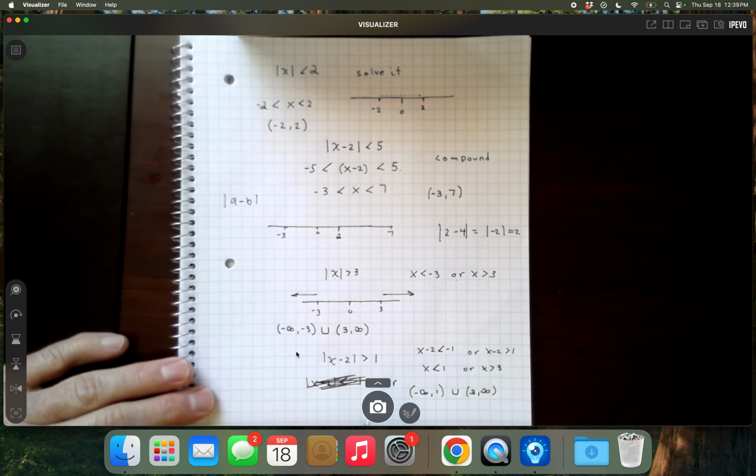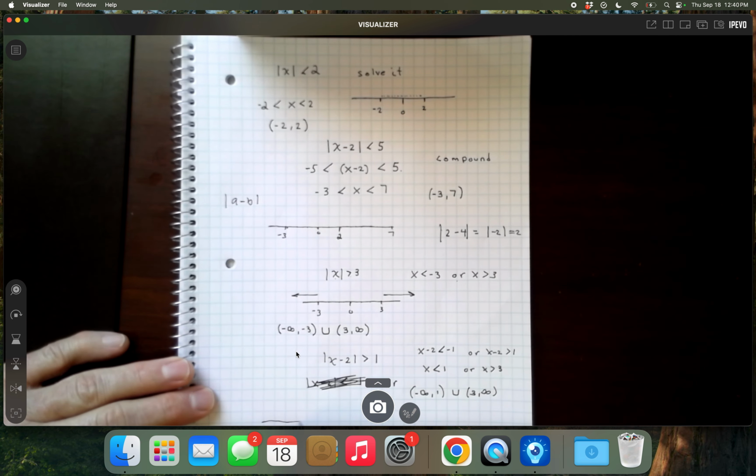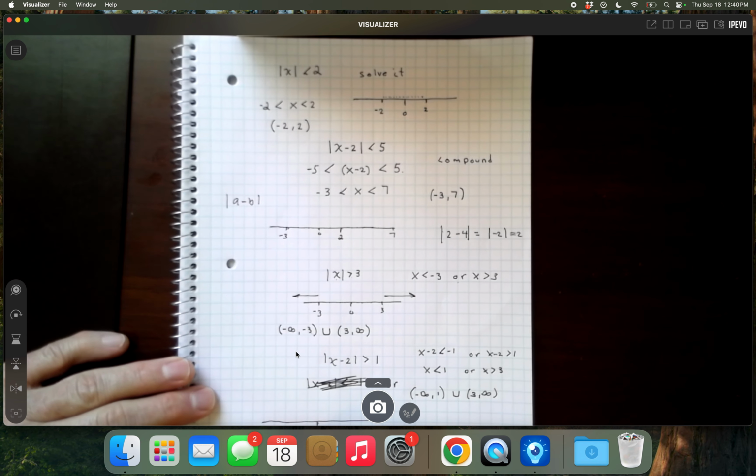And now let's interpret this result. What we're saying here is the distance between two numbers is greater than 1. I want to find all numbers that are more than 1 unit from 2. Let's look at this. Here's 2.